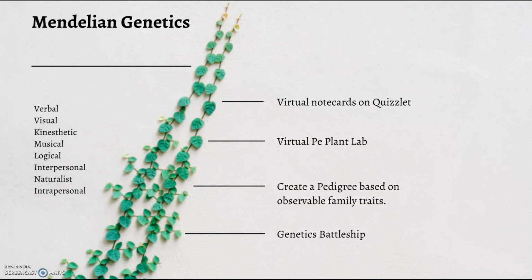Students will digitally draw Punnett squares for Mendel's P, F1, and F2 generations. Finally, students will interact with members of their own family and create a pedigree chart that tracks one observable human characteristic in their family for 3 generations. And students will also play Genetic Battleship.